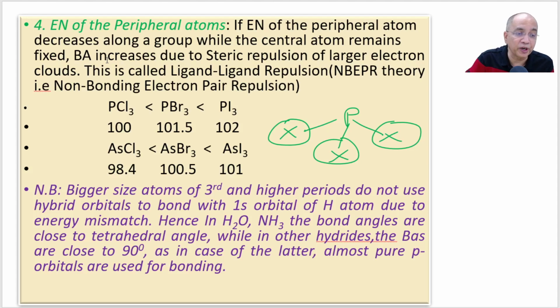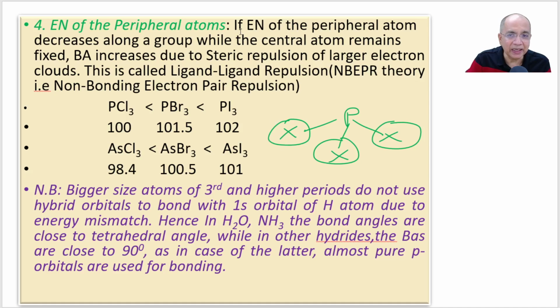Now the last point is about the variation of the peripheral atoms or the ligands, keeping the central atom fixed, and that too an element from the third period, for example phosphorus. The varying atoms are chlorine, bromine, iodine, right down the group.